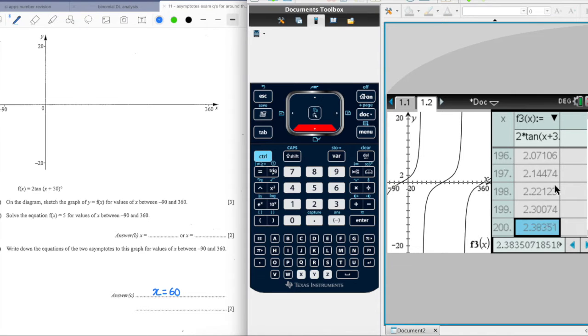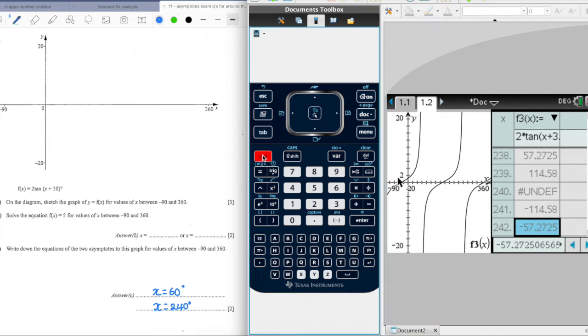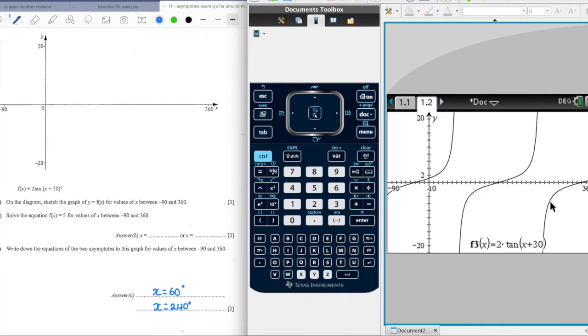So if we keep going through, we can see the other one's 240. So x is equal to 240 degrees is my second one. And you don't really need the degree symbol there.